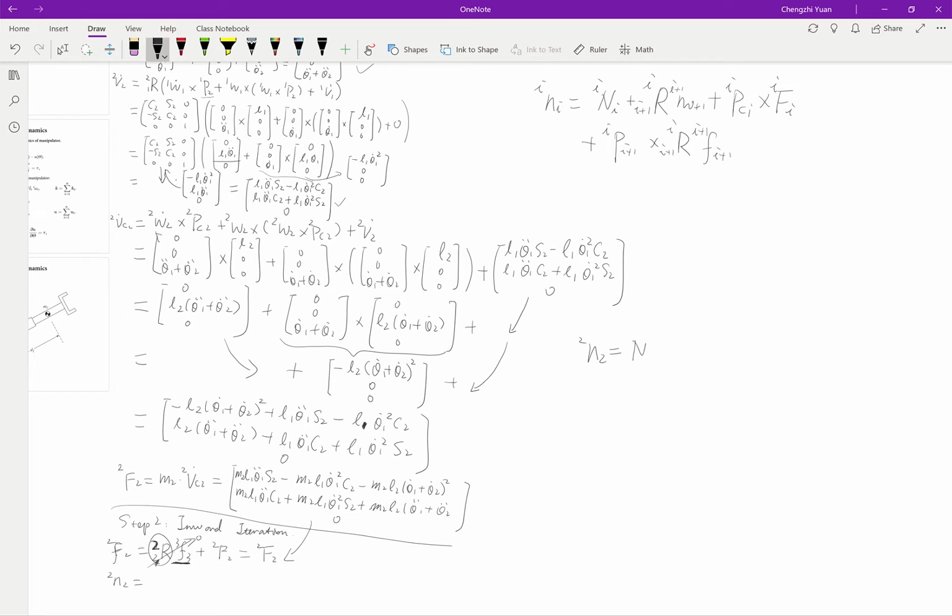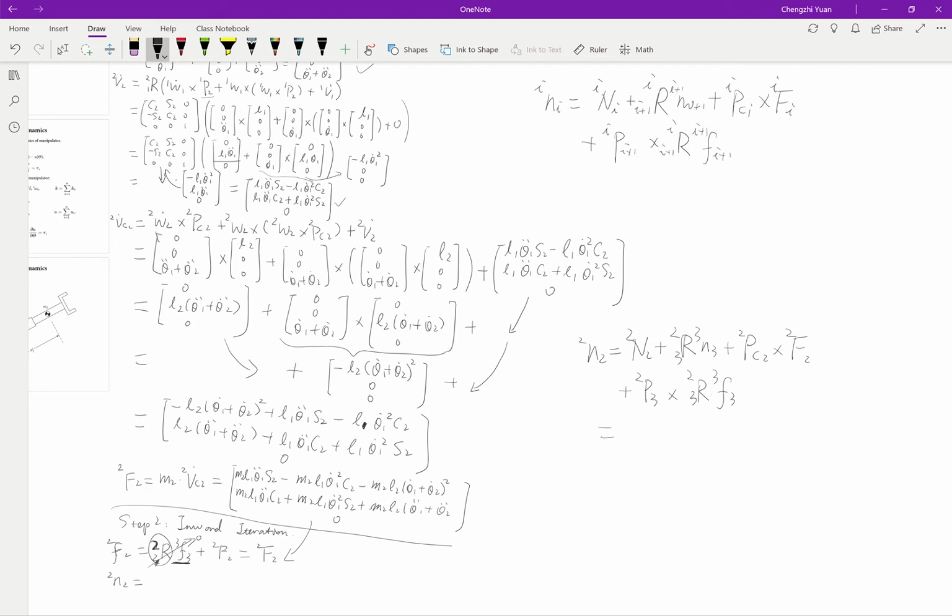So it equals capital N_2^2, plus the rotation matrix R_3^2 times N_3^3, plus P_{C2}^2 cross product capital F_2^2, and then plus P_3^2 cross product the rotation matrix times F_3^3.